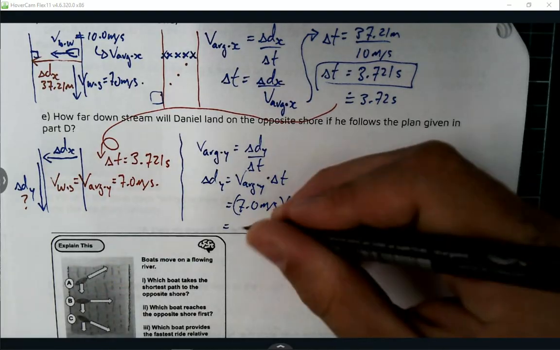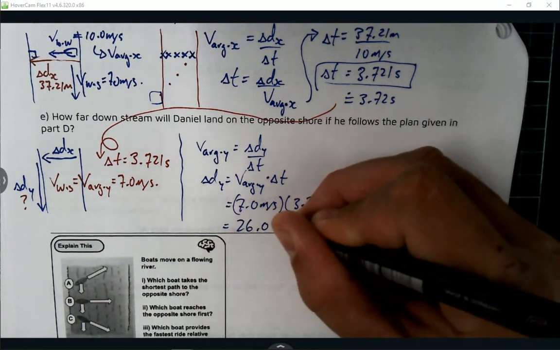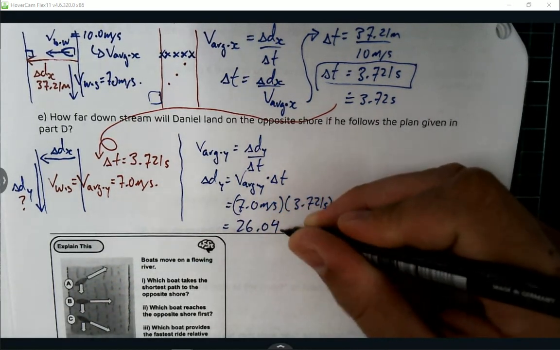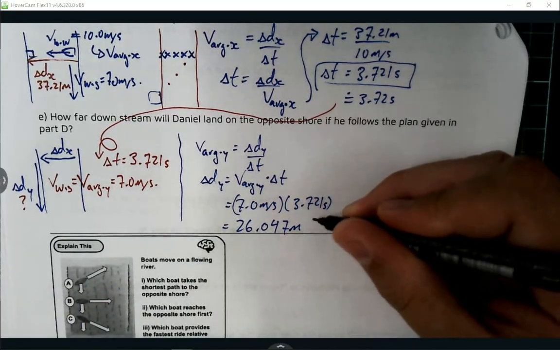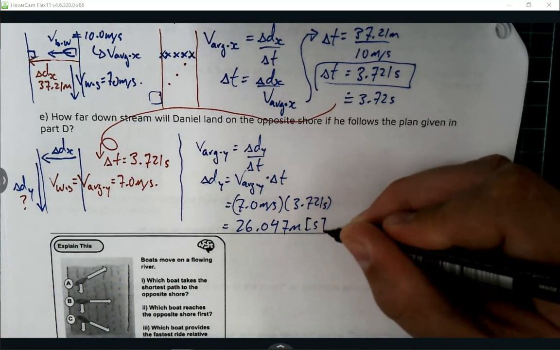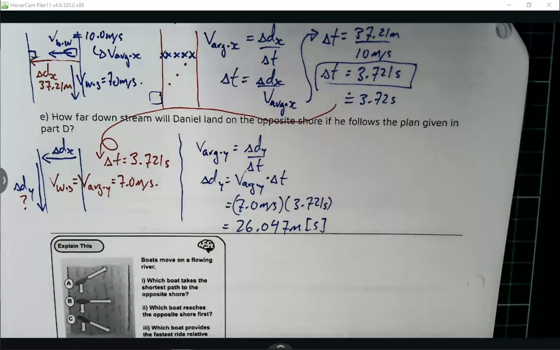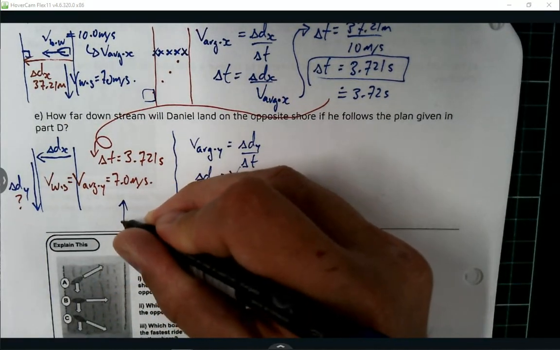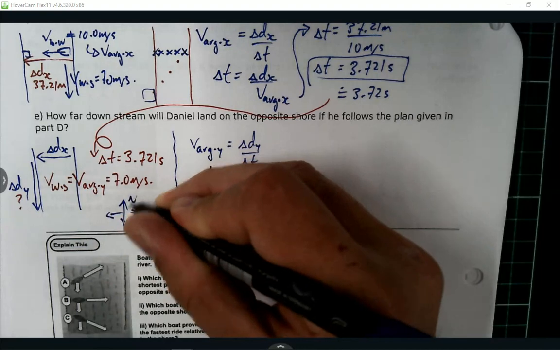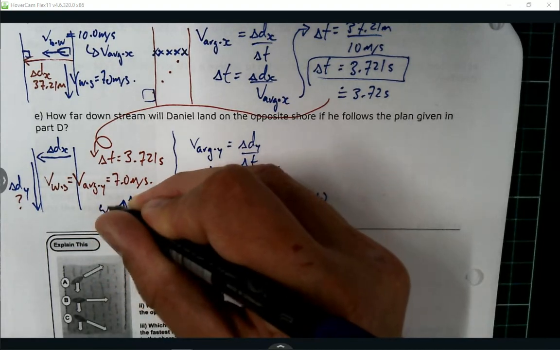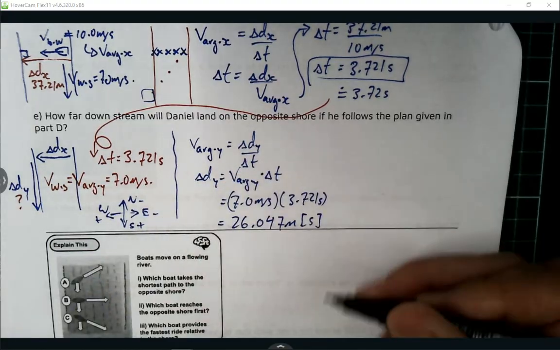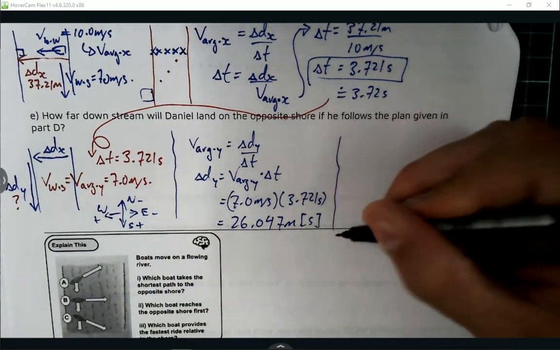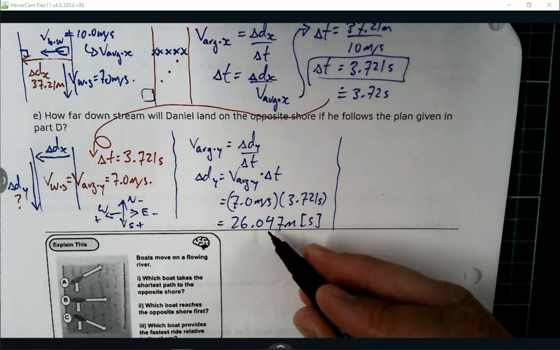Yep, 26.047. And based on my original reference frame, that's going to be south. Remember, we had north, south, east, west. We let south and west be positive directions and north and east be the negative directions. And then to two significant figures, it looks like.